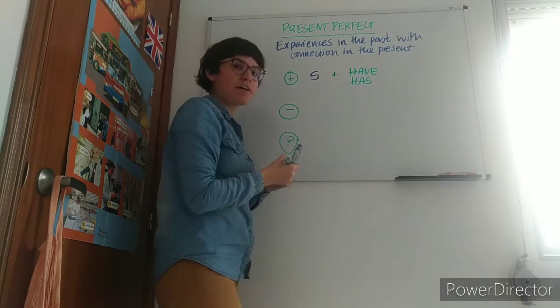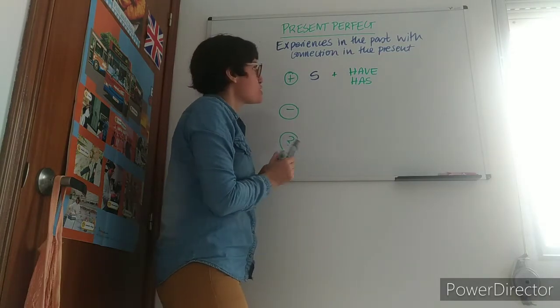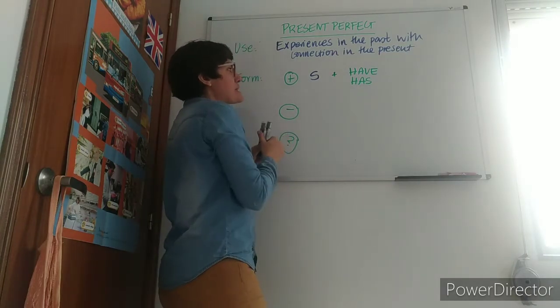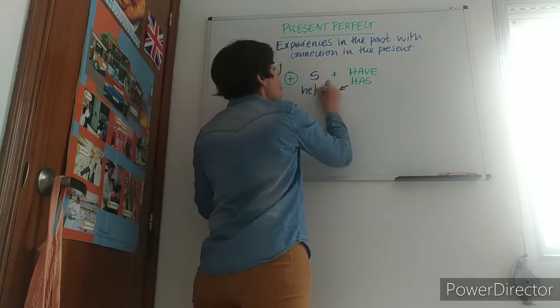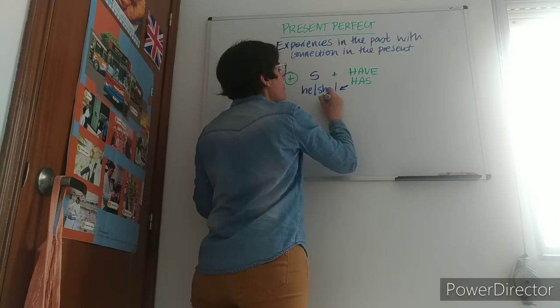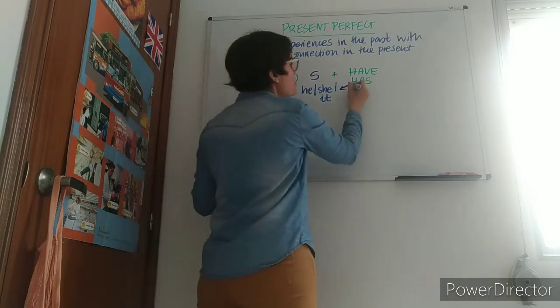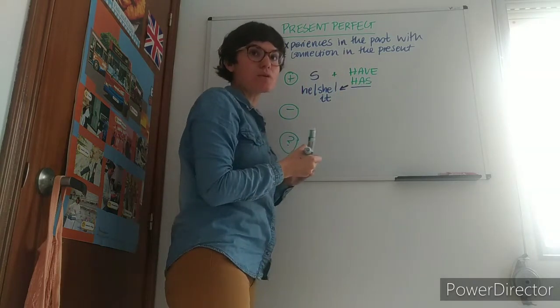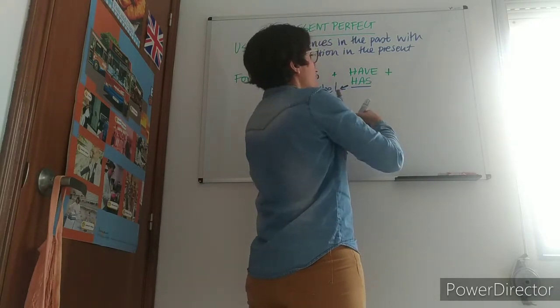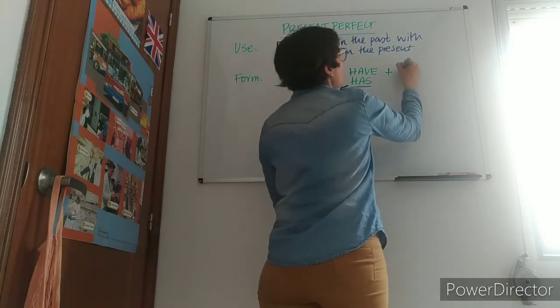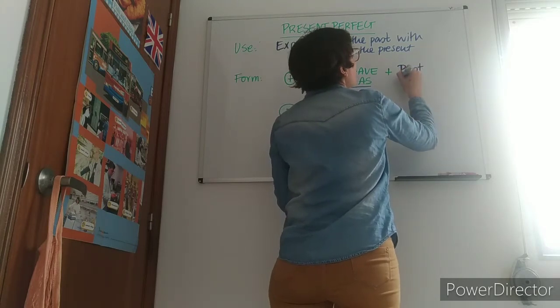When do we use have and when do we use has? When the subject is he, she, or it, third person singular, we use has. For the rest, we use have. And then, after have or has, we use the past participle.